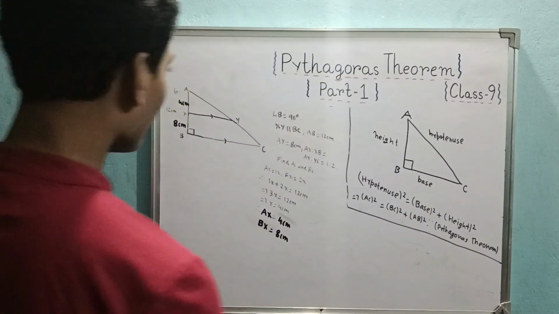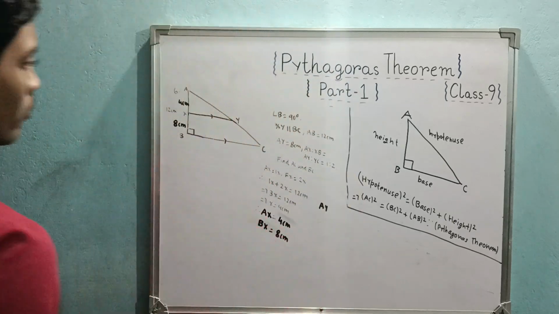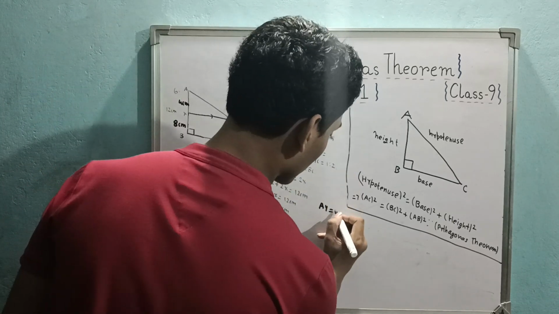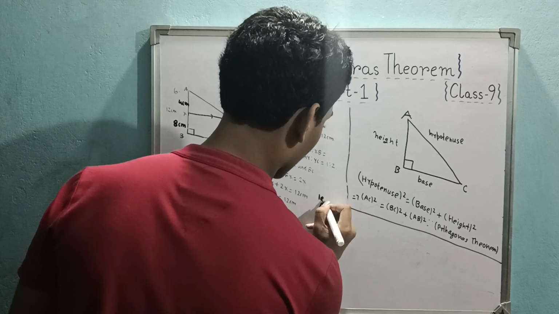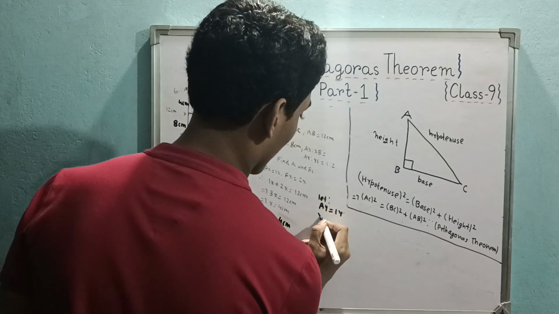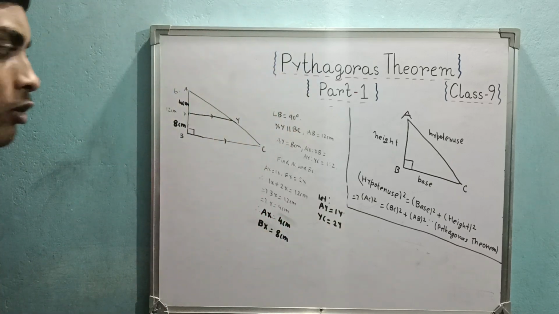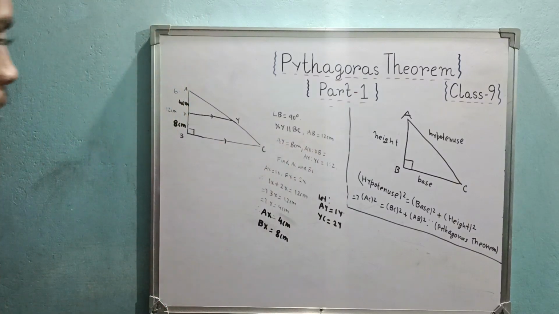Very well. Similarly, let AY is to YC equal to 1 is to 2. Then let AY equal to 1y and YC equal to 2y. And 1y is to 2y equal to 1 is to 2. No violation.